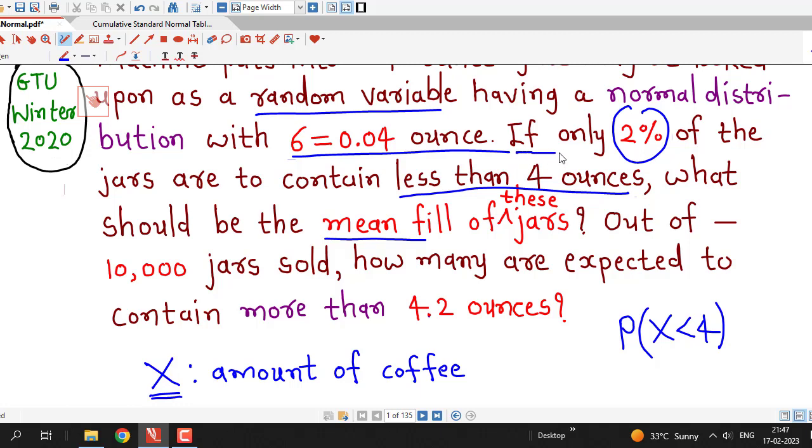You can understand from this line, if only 2% of the jars are to contain less than 4 ounces, that is 2% of the jars are to contain less than 4 ounces amount of coffee, and that is given as 2%.